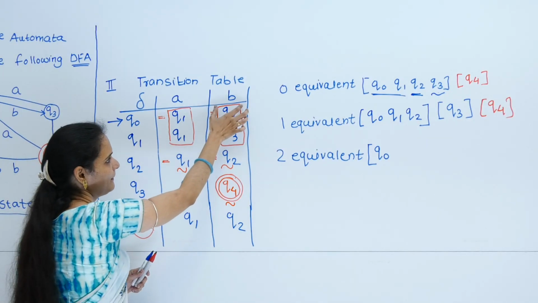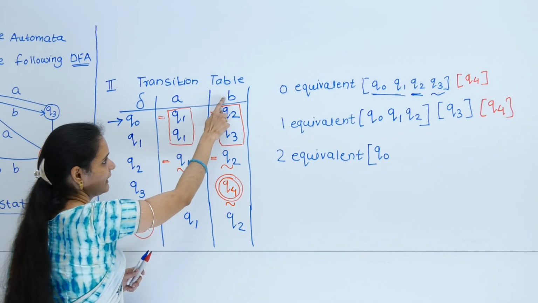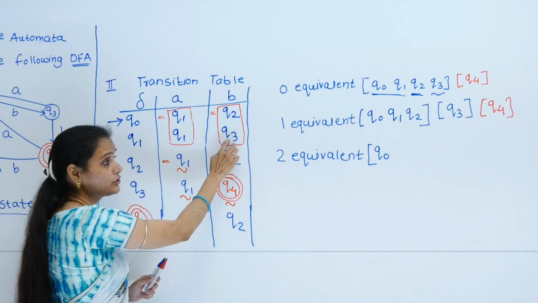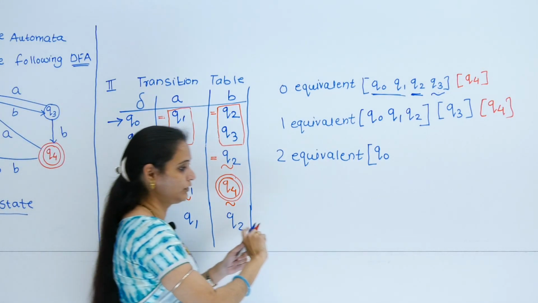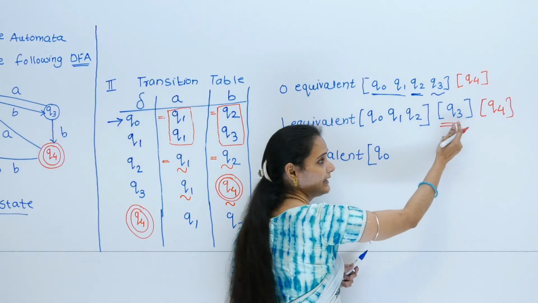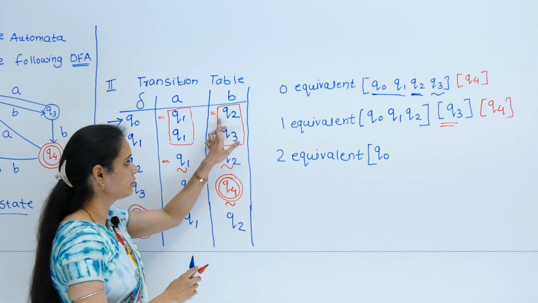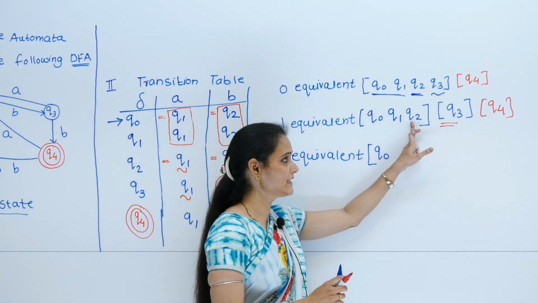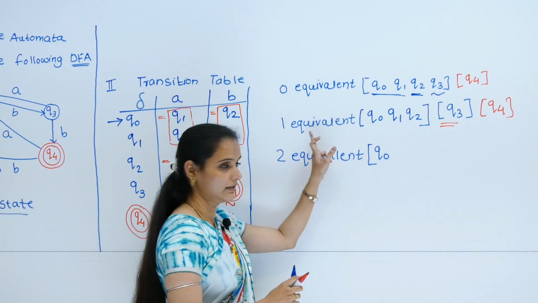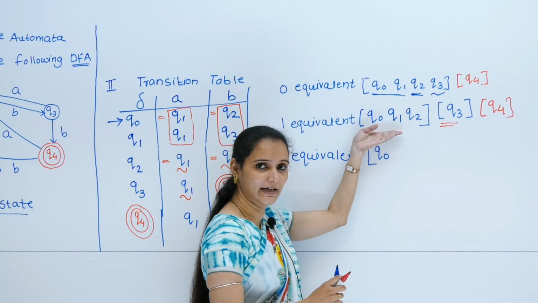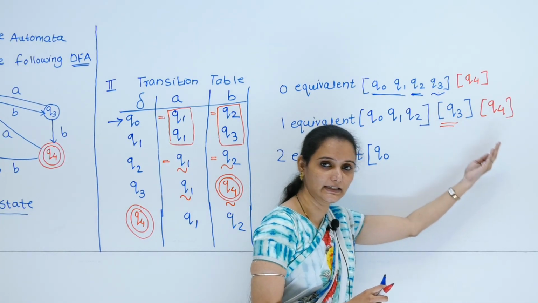Q0 on B goes to Q2, and Q1 on B goes to Q3. Q3 is present in another group in one equivalent, and Q2 is present in one group. Here we are only considering one equivalent.